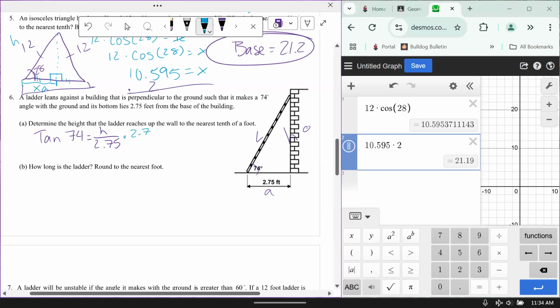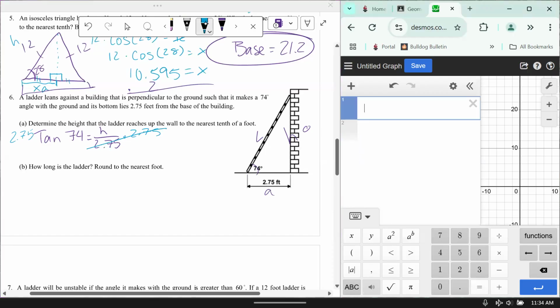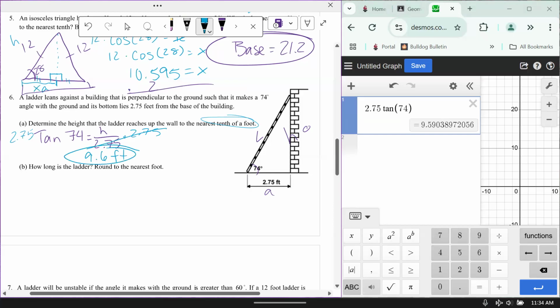Times 2.75, and we get 2.75 times tangent of 74. So our height of the ladder to the nearest tenth of a foot would be 9.6 feet.